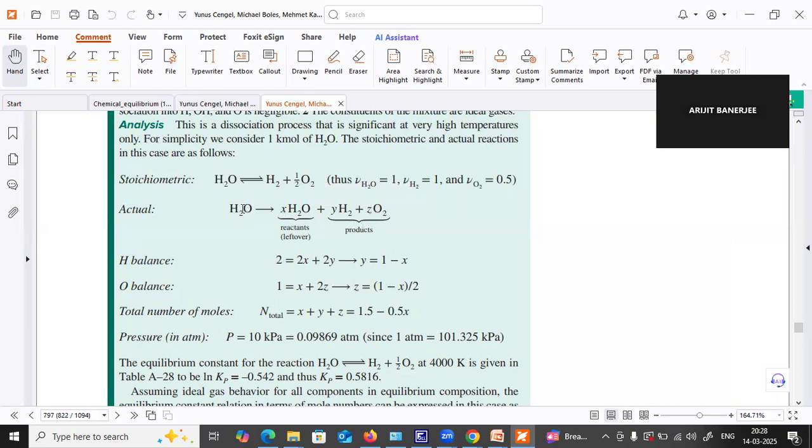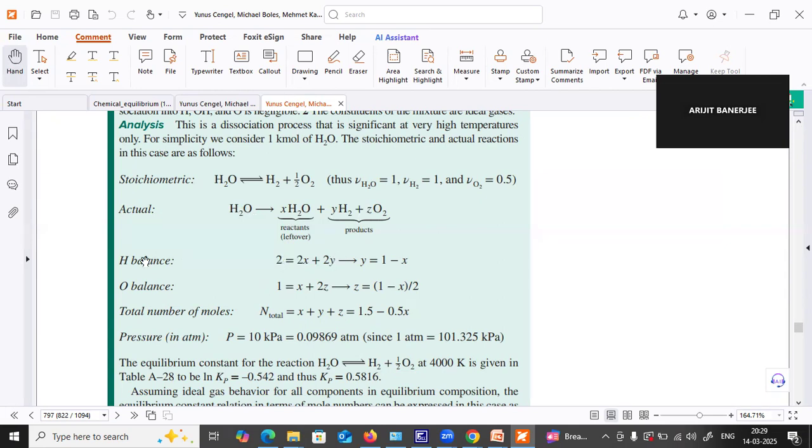Now, how many equations can we write from this? You see that hydrogen and oxygen, we can only balance hydrogen and oxygen. So maximum 2 equations we can write. So with 3 unknowns, it is not possible. Therefore, we will try to write all of these in terms of X only.